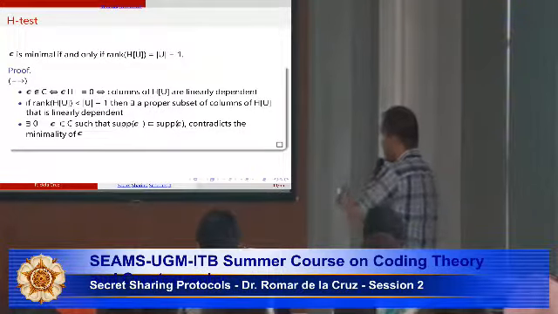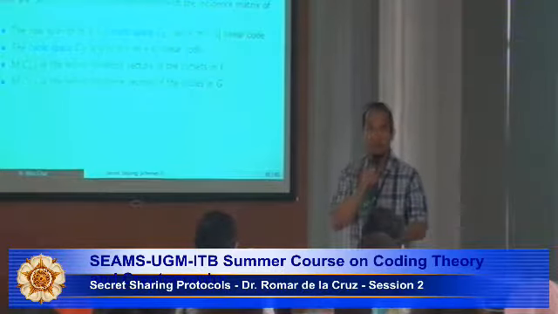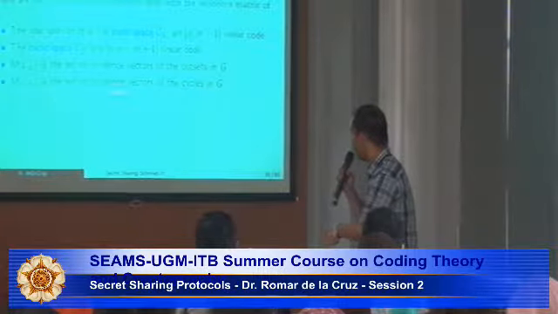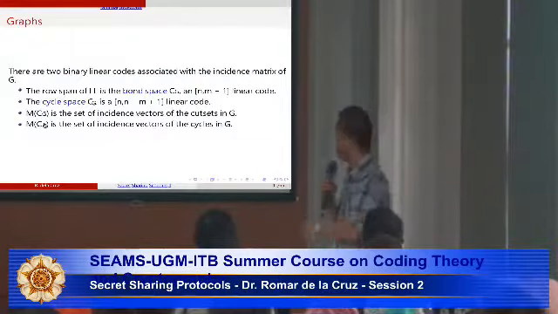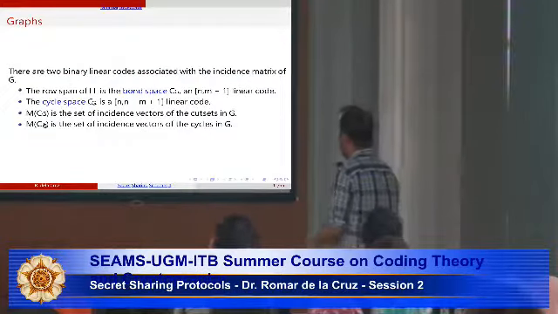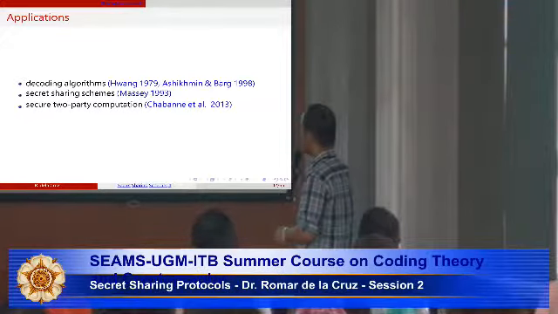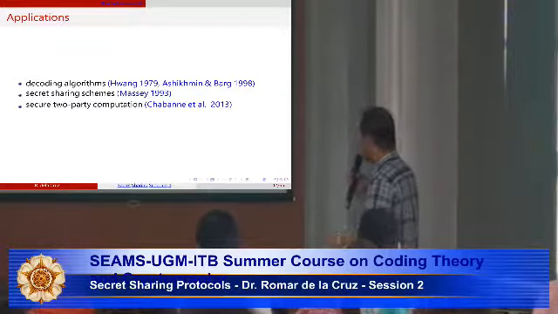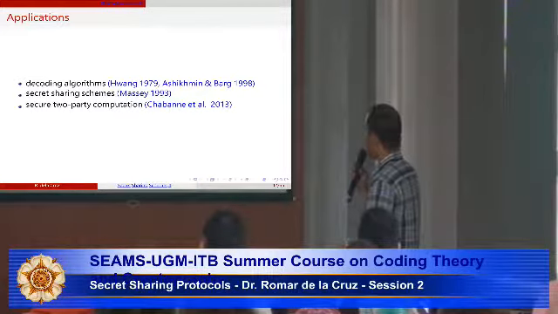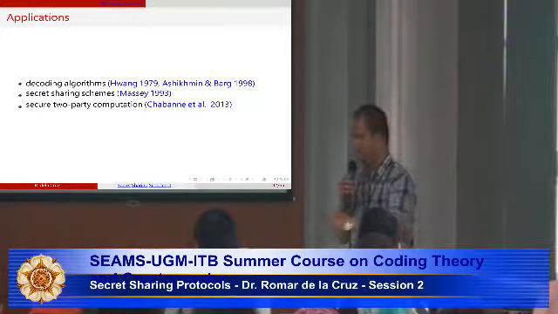So this is another way to look at the minimal code words of a linear code. It can be interpreted as cycles in a graph. Now, some applications of minimal code words: I already mentioned decoding algorithms, and secret sharing. And a more recent application is secure two-party computation.